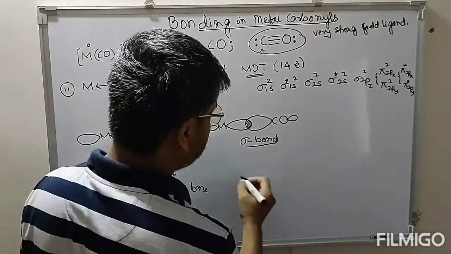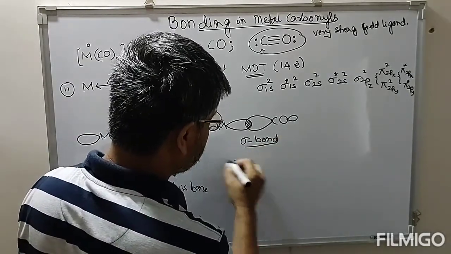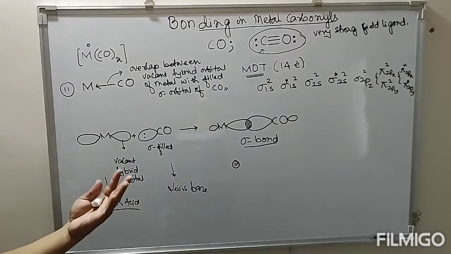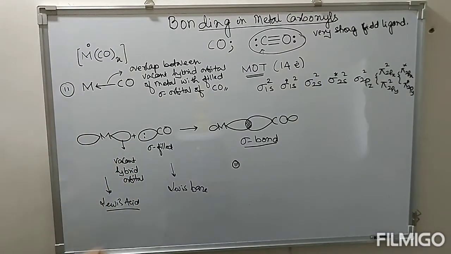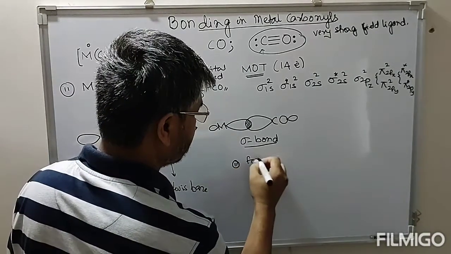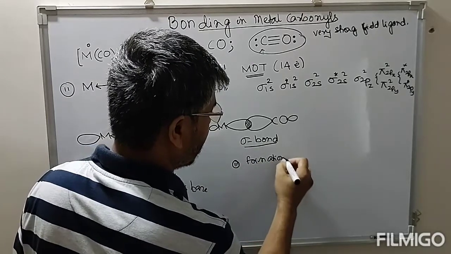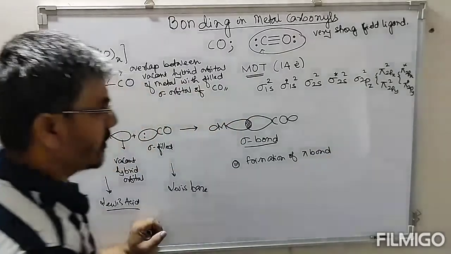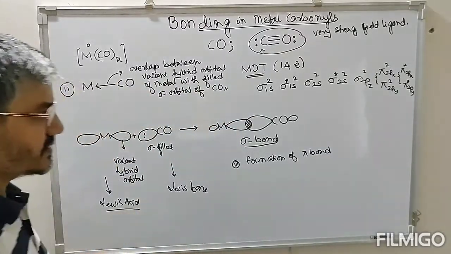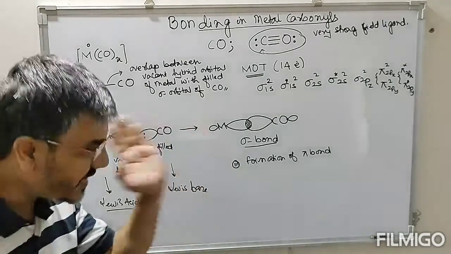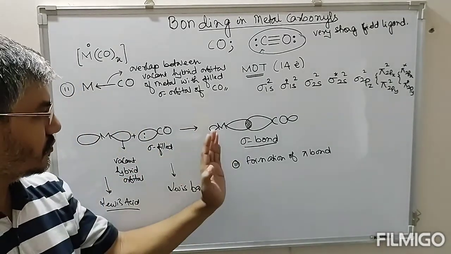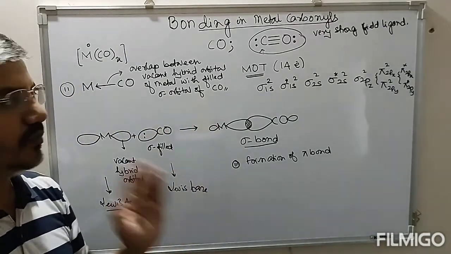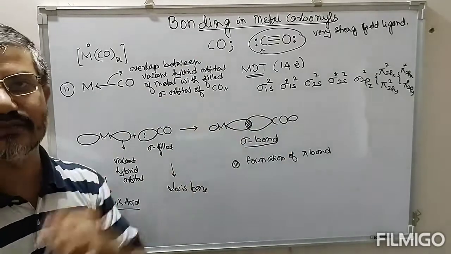Now coming to the second part, that is the formation of the pi bond. For this formation, as I told you, the metal is having excess electron density due to the accumulation of more and more electrons coming from the ligand.